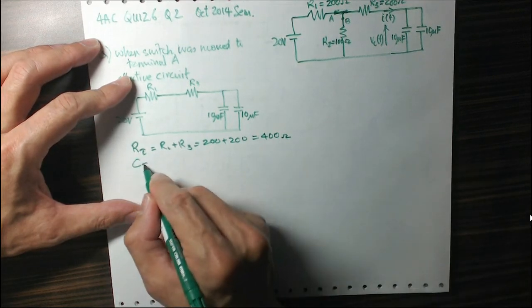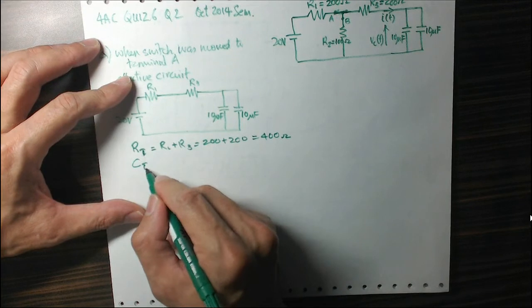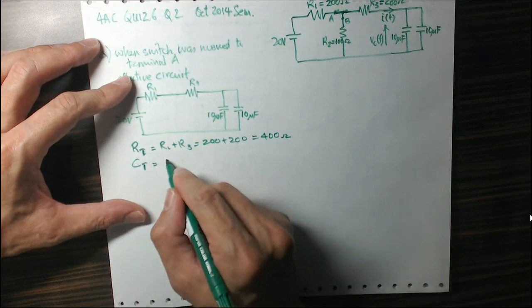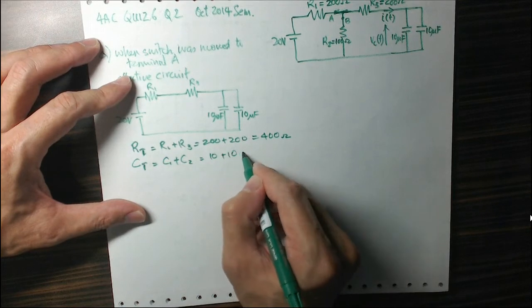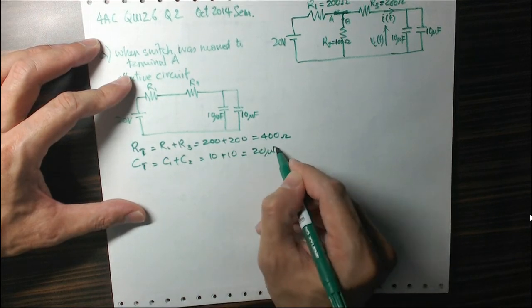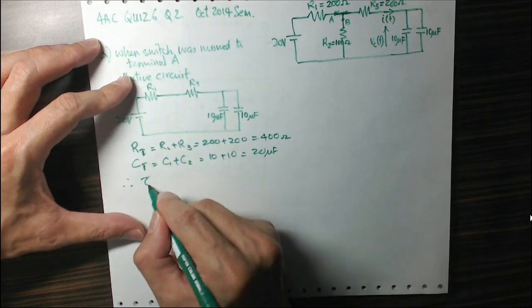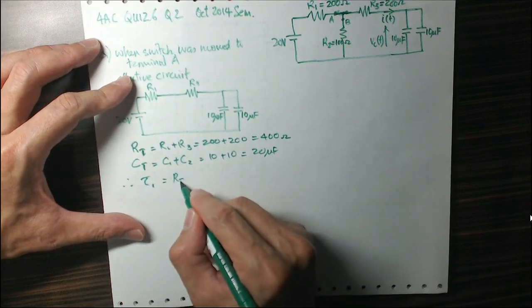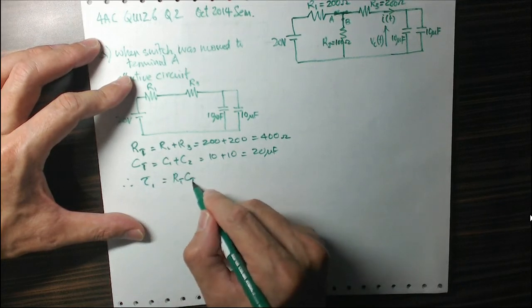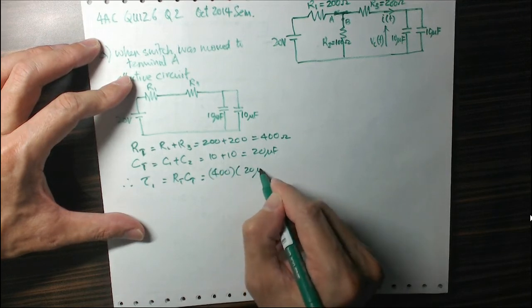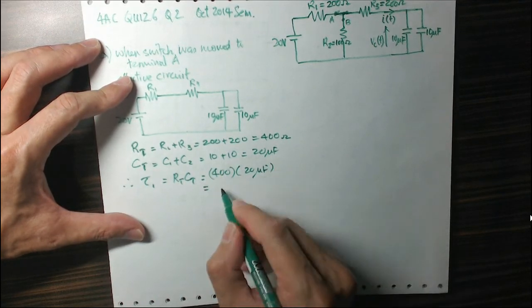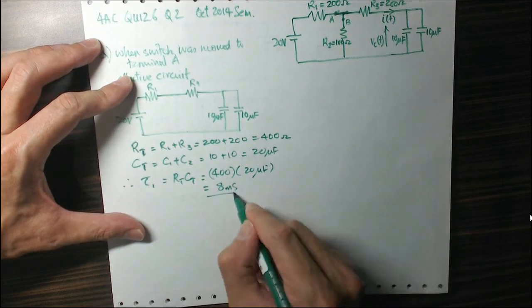The total capacitance will be just C1 plus C2, which is 10 plus 10, which is 20 microfarad. Therefore, the time constant tau is just RT multiplied by CT. So it's 400 ohms times 20 microfarad. That gives me 8 milliseconds.